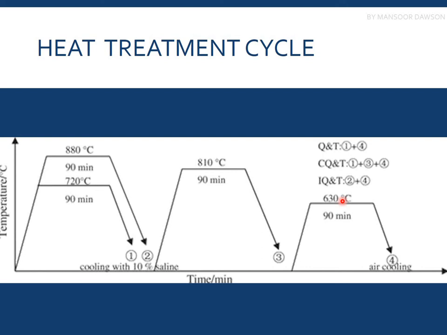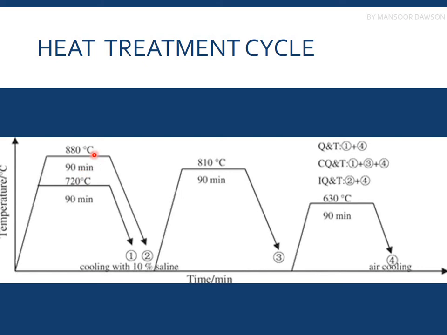This is another type of heat treatment cycle, in which you can see temperature on the y-axis and time on the x-axis. We heat our material to a certain temperature, either 720 or 880, in two different cases on two different occasions.